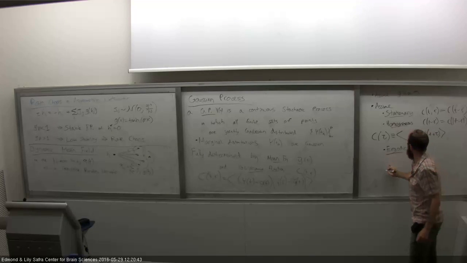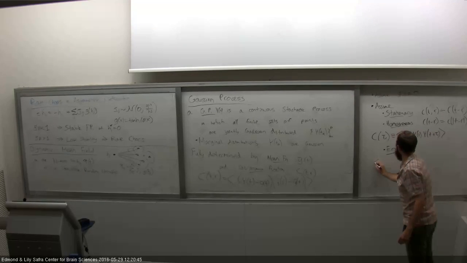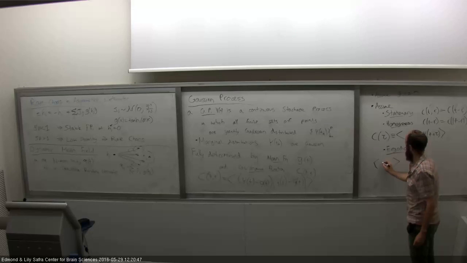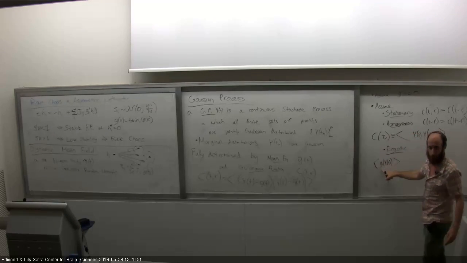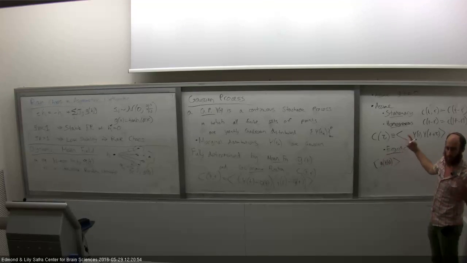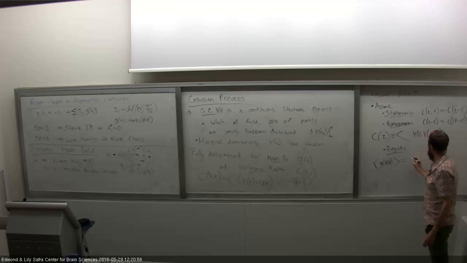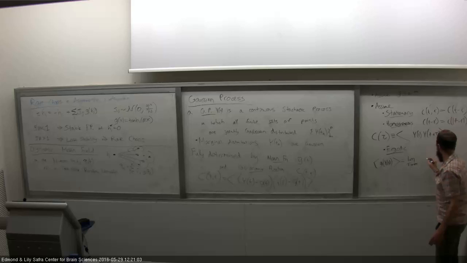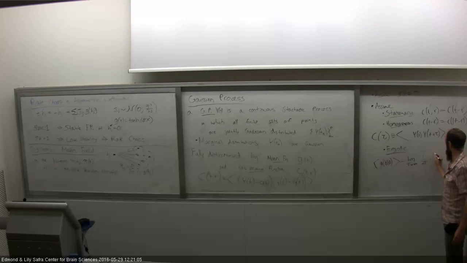So anytime we take any average of the random process, I'll put in some arbitrary function g of y of t, and this would hold for higher moments, that's equivalent to taking the limit as T goes to infinity of 1 over 2T, the integral from minus T to positive T of dt, of that same function g of y of t.